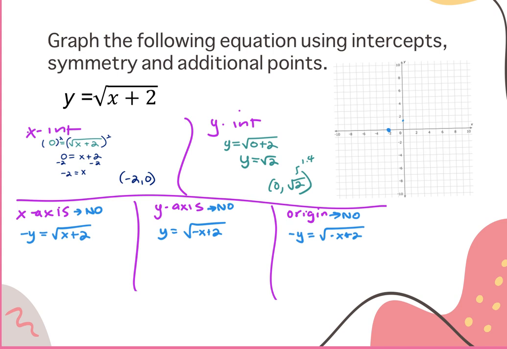Do you remember what a square root graph looks like? It's like a half a parabola turned on its side, right? A little arc that's pointing to the right. Let's pretend we don't know that. And 2 points is not enough information to graph it.